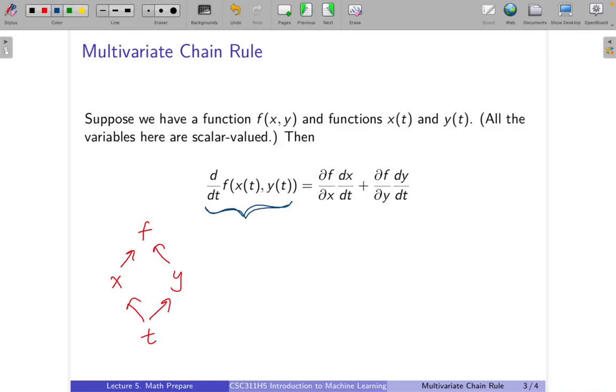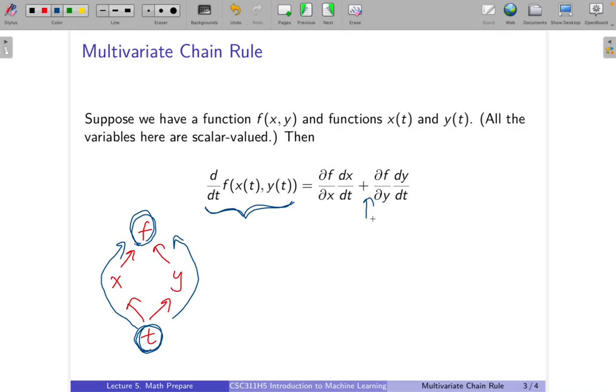This derivative is really asking the question, how much does f change when t changes by just a little bit? The way that a change in t is going to affect f is through this path, through x, and also through y. So we need to add these two components together.